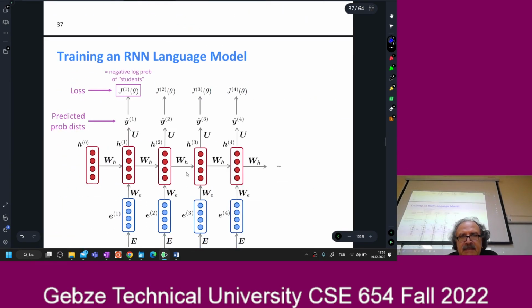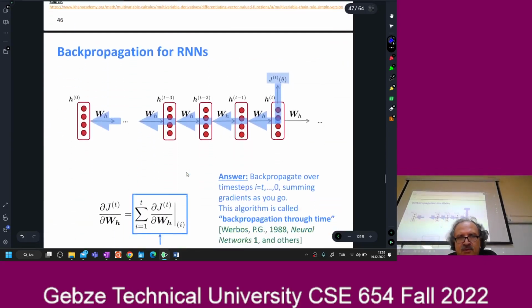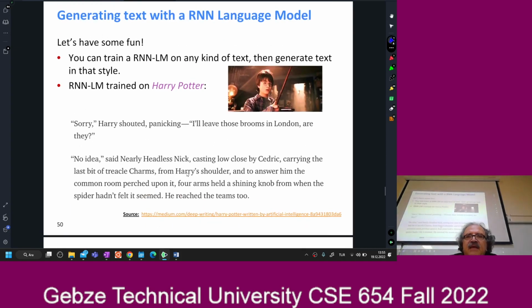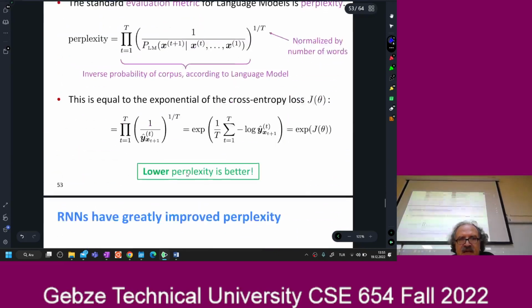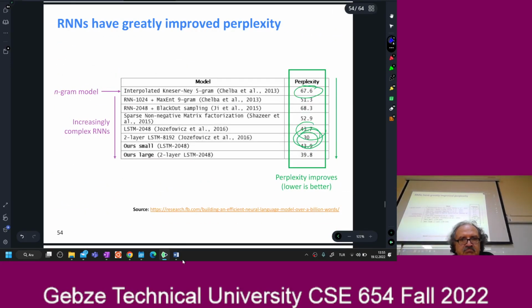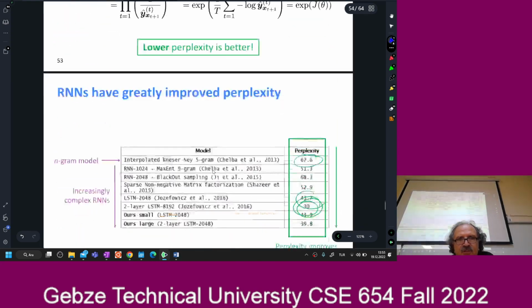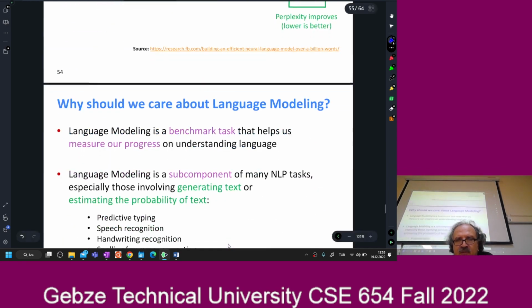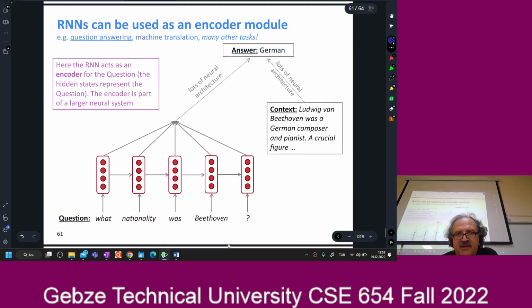Good. We talked about these and the vanishing gradient problem. I am not going to repeat that again. And these are some of the RNNs as language generator examples, RNNs as code generators, etc. And we talked about perplexity, and we said that neural language modeling is way better than the others.